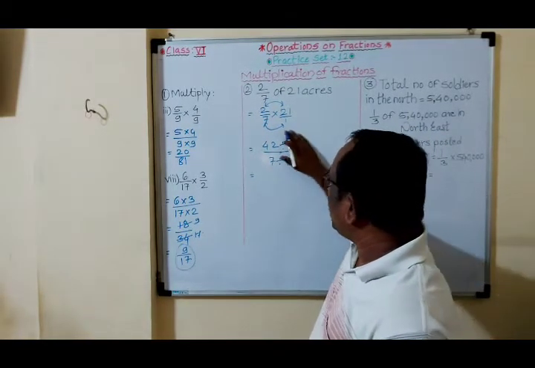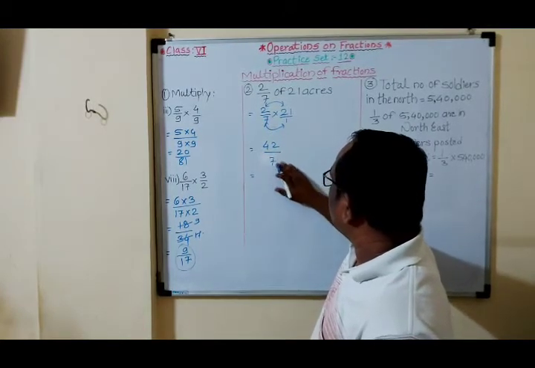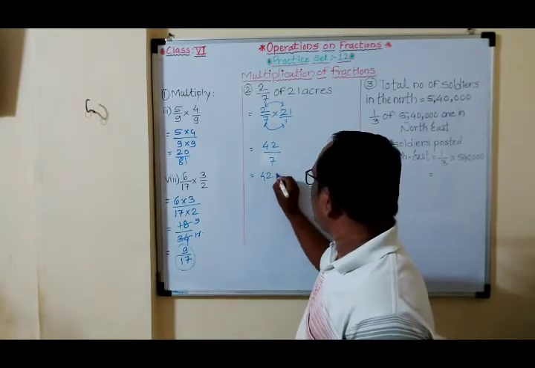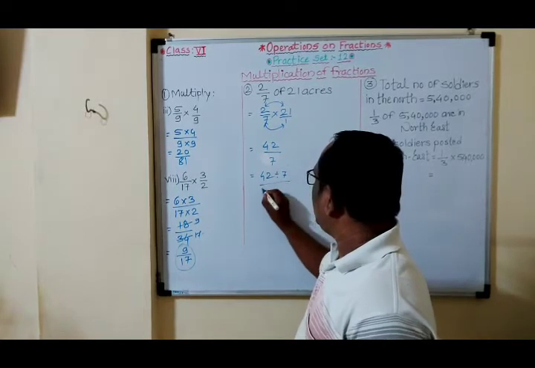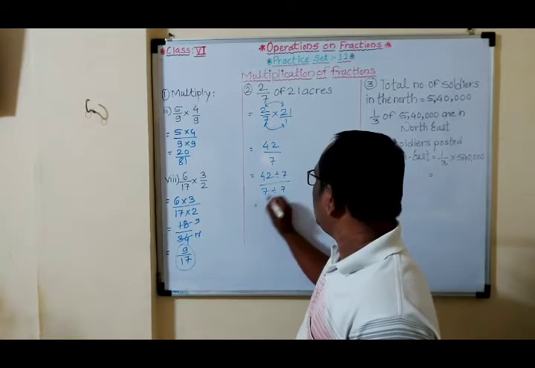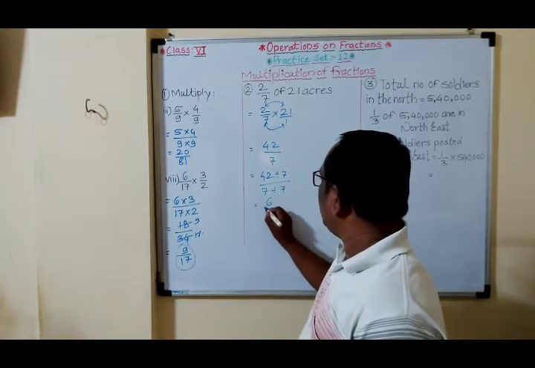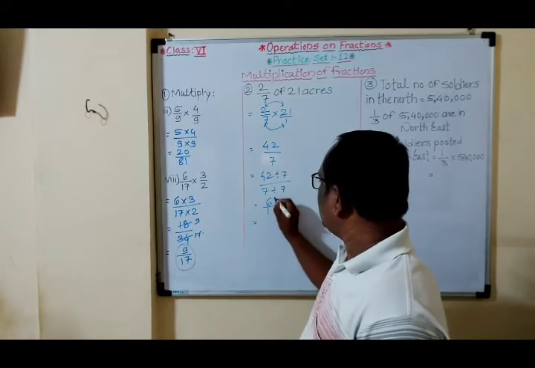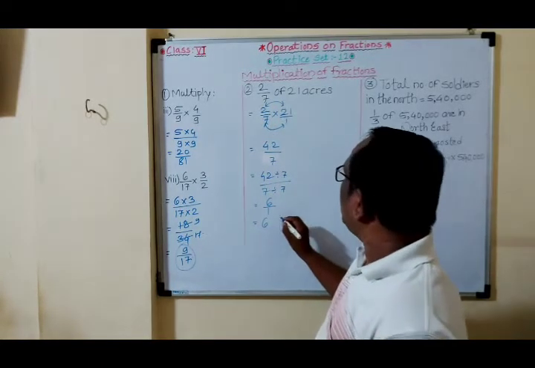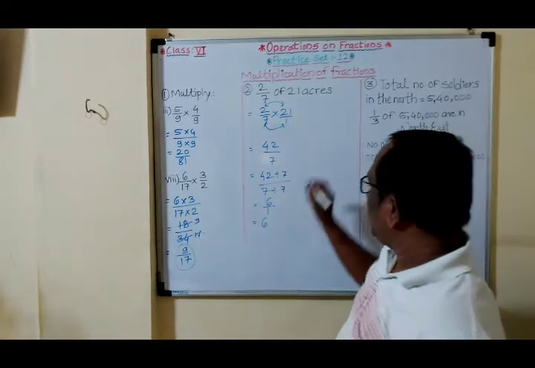Okay, and write it in the next step here, because again we will get confused. 42 divided by 7 and 7 also divided by 7. 7 6s are 42 and 7 1s are 7. So 6 upon 1 means 6. So we got the answer 6 acres.